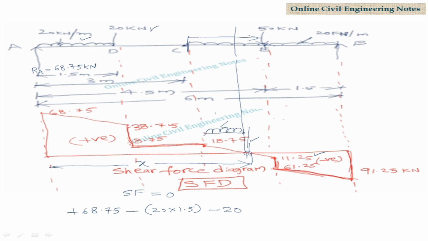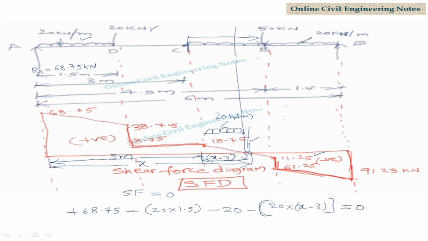UDL intensity is 20 kilonewton per meter. From here to here the distance is 3 meters. This distance is x minus 3 meters. The UDL load 20 kilonewton per meter is acting vertically downward, and the value of this load is 20 into x minus 3. Why? Because we are converting this UDL into point load. It is equal to 0. Shear force is 0 at this point.